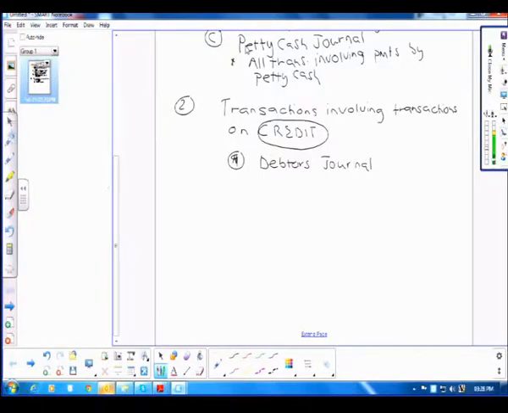We remember the person we sell to on credit is actually called a debtor. That's why they come in here. So here we have transactions involving sale of inventory on credit.